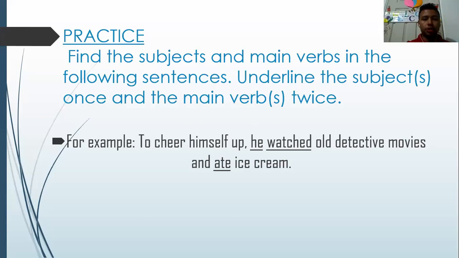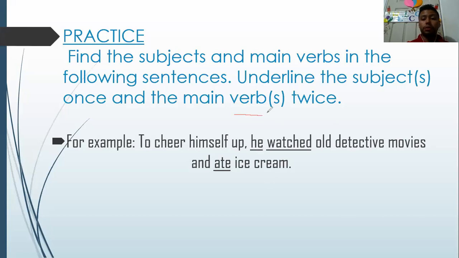Let me explain what we are going to do. Excellent example, Nicole. Who ate my cake? Excellent. So in this case, we need to underline. We need to underline the subject once, one time. He, in this case, is the subject. We underline once.